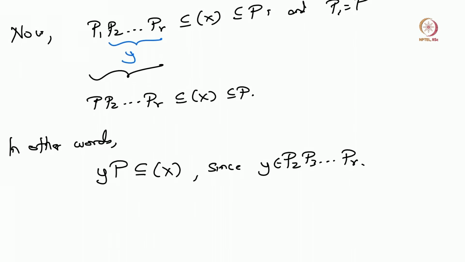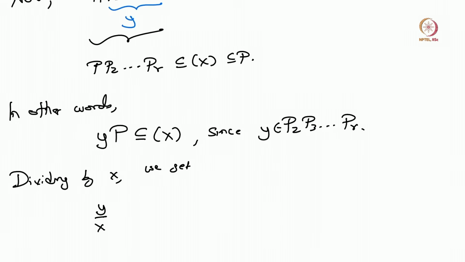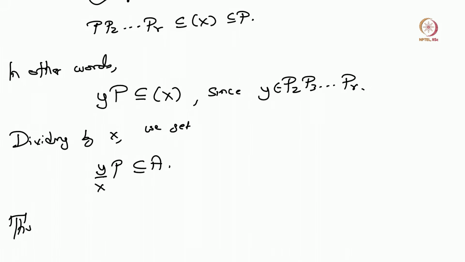And so just dividing by x, we get that y over x times P sits inside A. And so this element y over x belongs to P inverse, since y over x times P sits inside A.